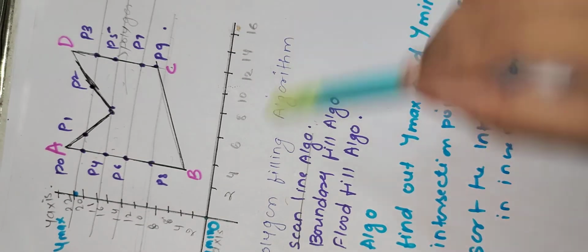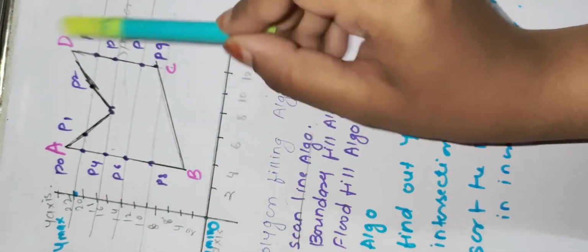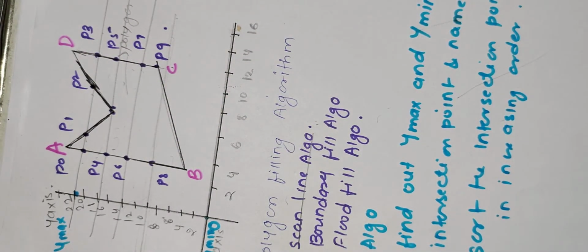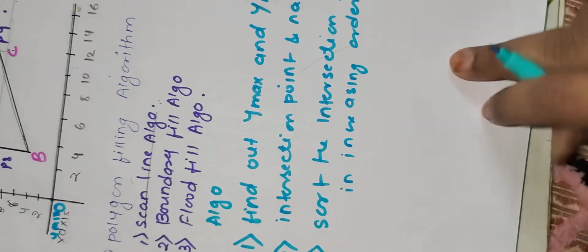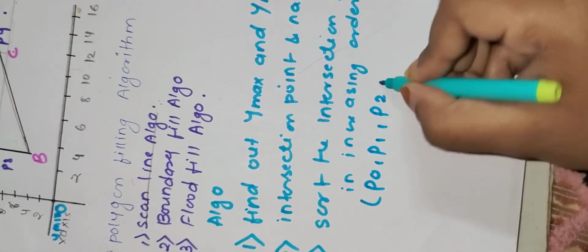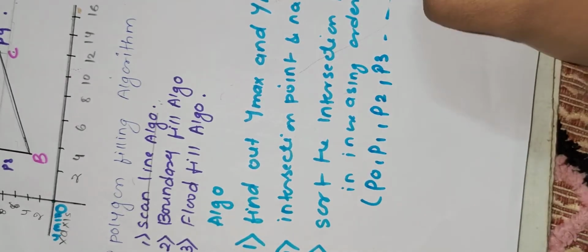What are the points? P0, P1, P2, P3, P4, P5. So we have to go in increasing order. What is the meaning of increasing order? We go from a smaller number to a larger number. So we give the sorted points as P0, P1, P2, P3 and so on.